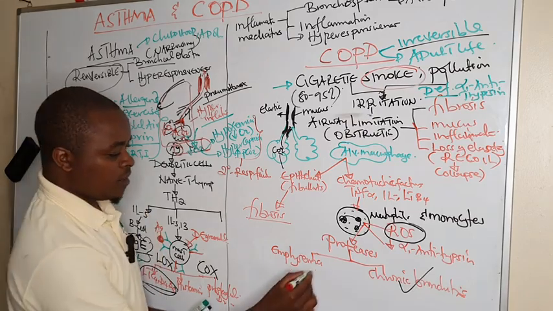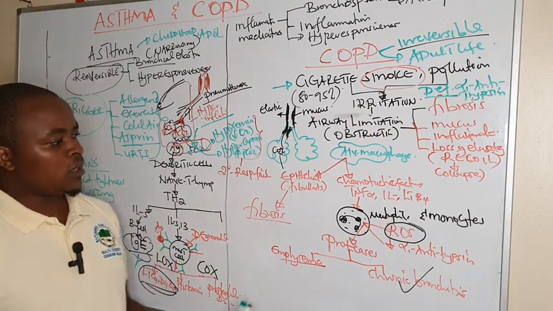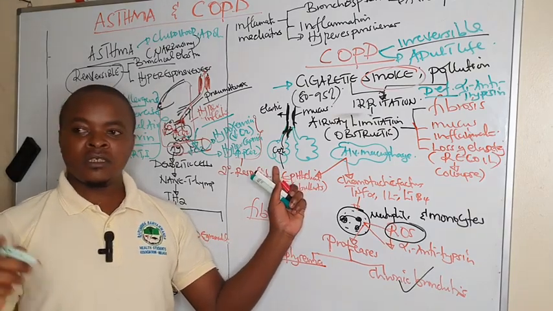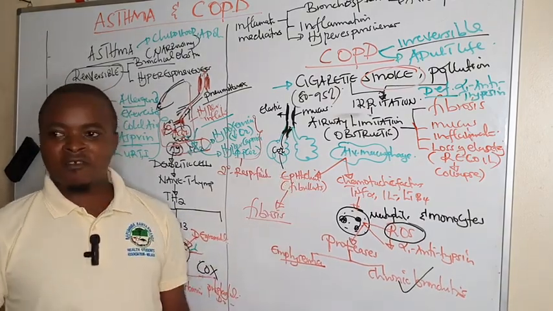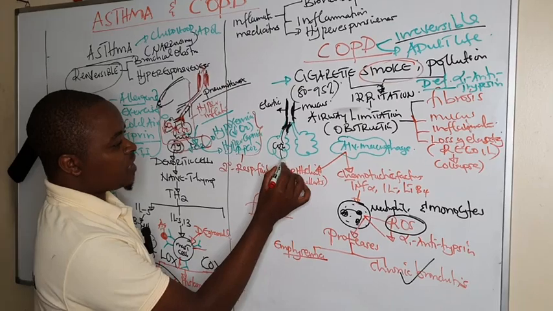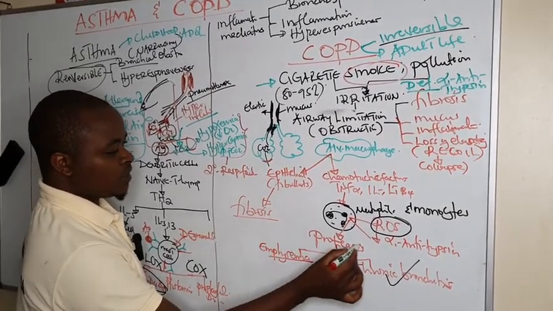Whereas emphysema, for it, we are going to see destruction of the alveolar walls. So if we have these alveolar walls, they are going to be destroyed by these proteases.